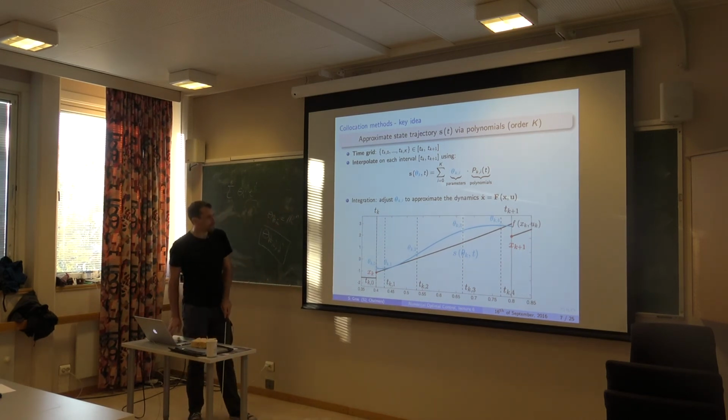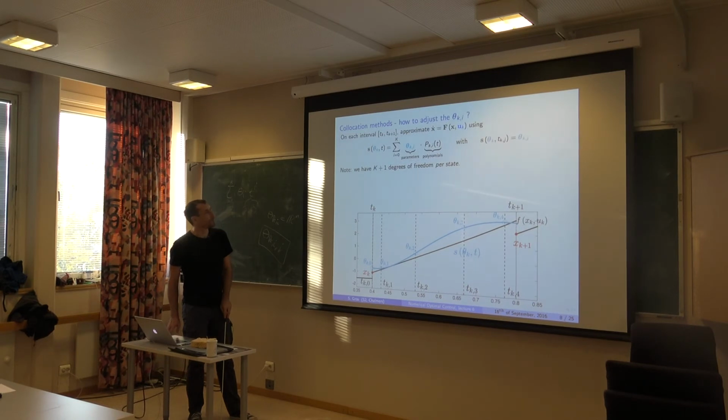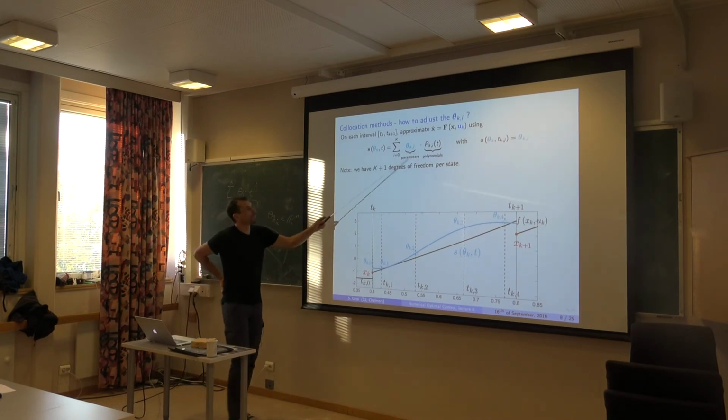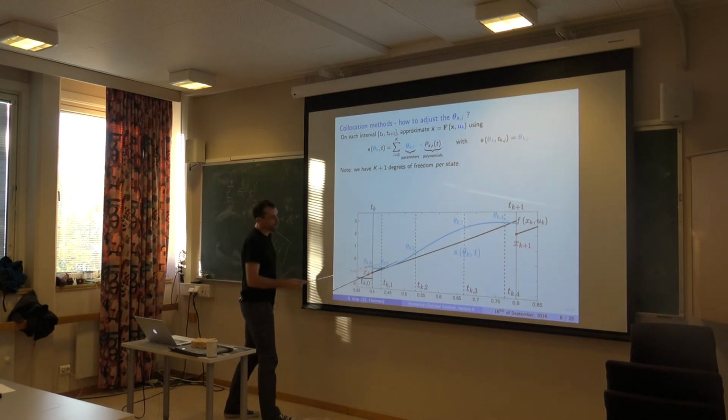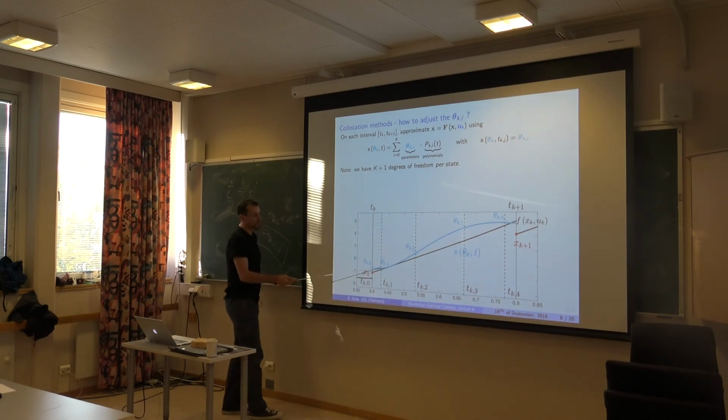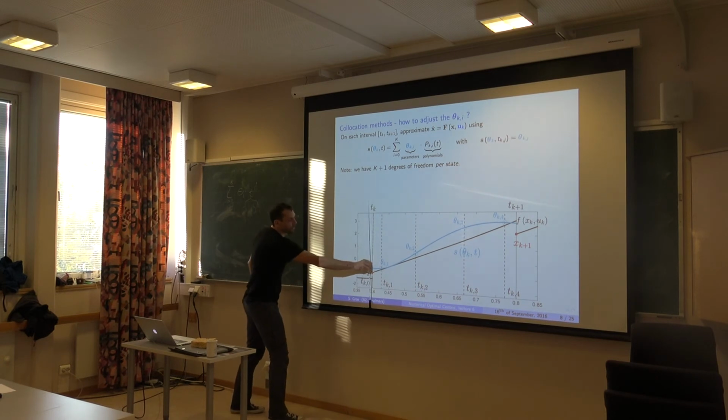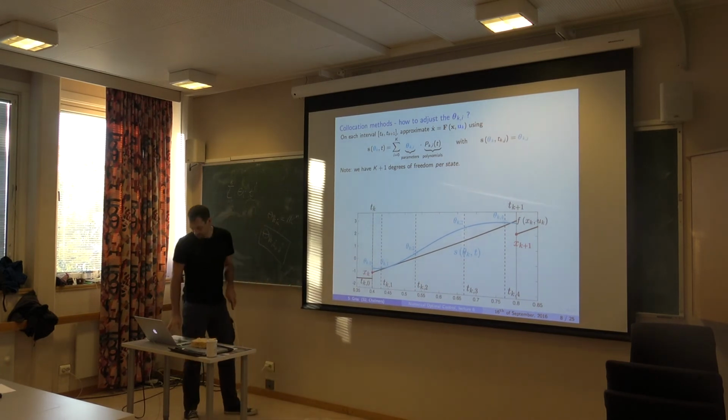Okay, so these thetas, we have k plus 1 of them for each state and for each interval. So you can count, I chose k equals 4 and I have 5 of these dots, 4 on these points plus the first one. Okay.